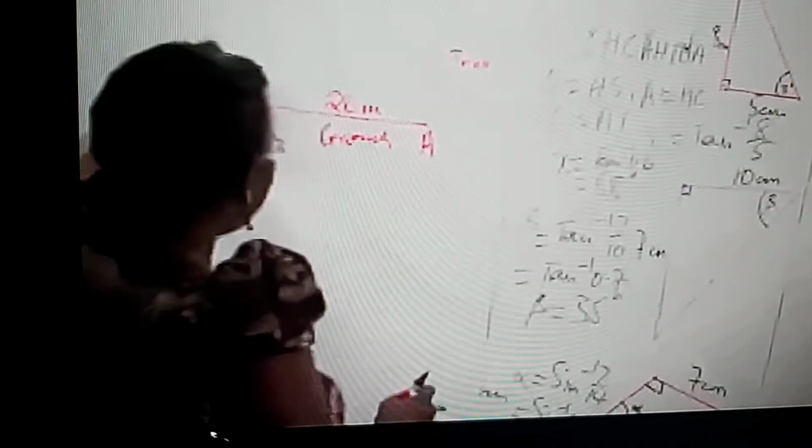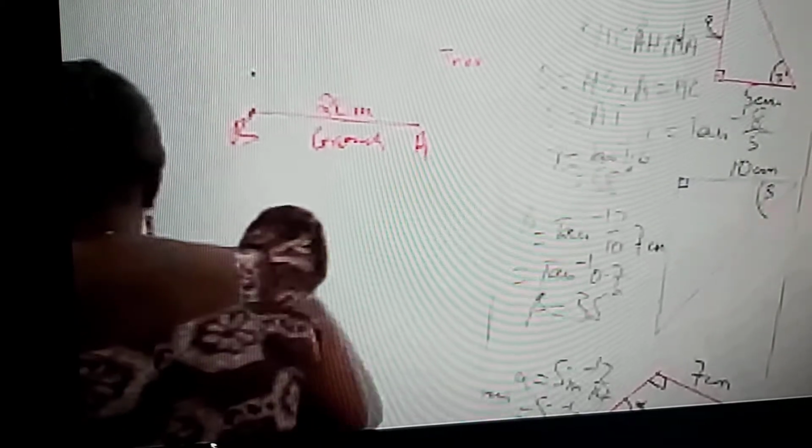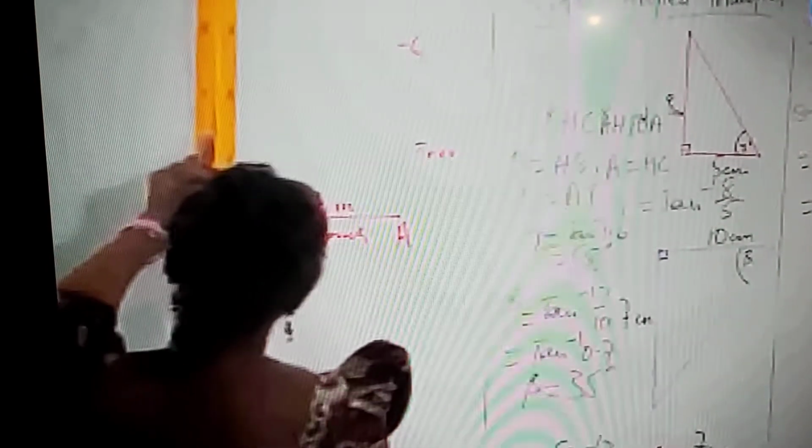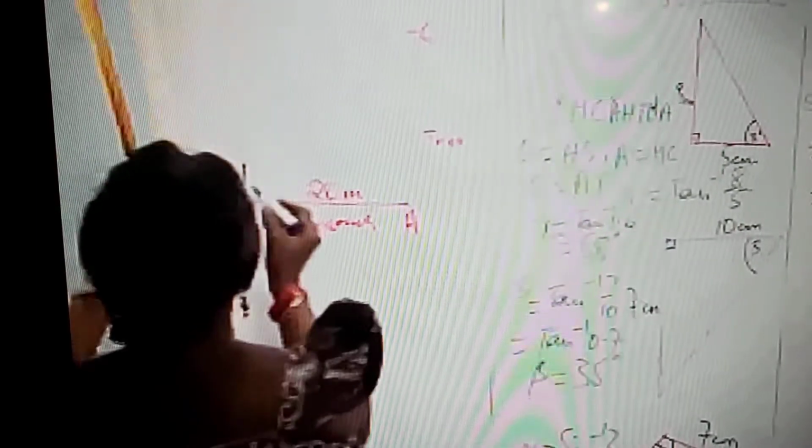To see the top, we need to look up from a horizontal line. Now, the point is, they said 1.5 meters above the ground. So let's say the boy is standing here. There is a point somewhere there that is 1.5 meters above. So we'll assume we have a point here above the ground, 1.5 meters long.